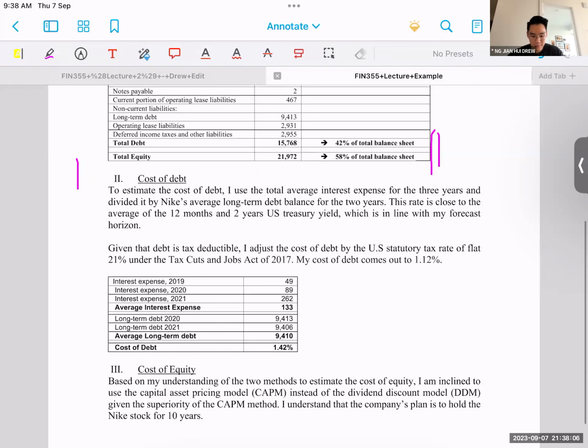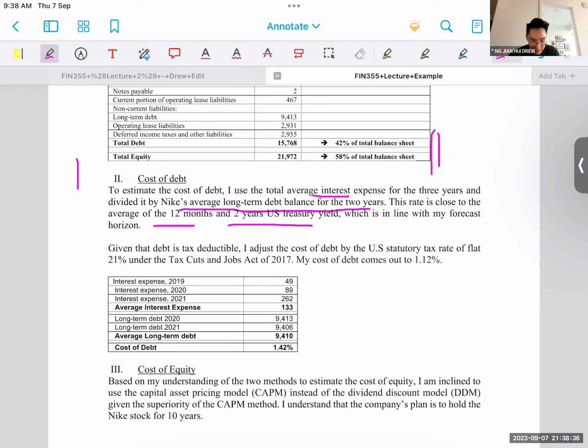Cost of debt. So what happened? To estimate the cost of debt, I use the total average interest expense for 3 years and divide by the Nike average long-term balance for 2 years. This rate is close to the average of the 12-month and 2-year treasury yield, which is in line with my forecast horizon. So his forecast horizon is 2 years.